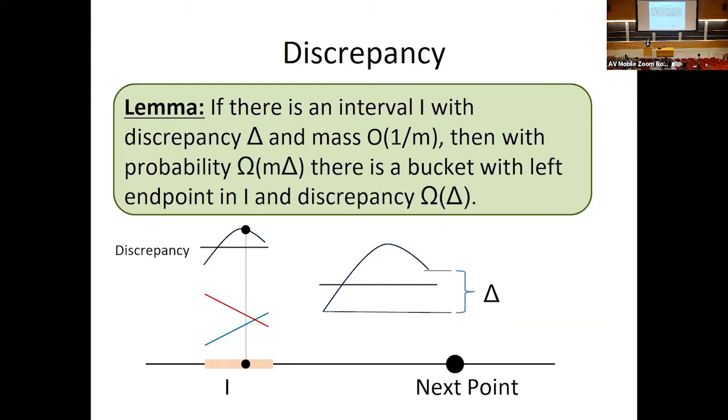And in particular, since this thing is continuous with respect to the probability densities, there's got to be a reasonable amount of mass in here where the discrepancy is at least, say, delta over 4. And so that means that there's a reasonable probability, in fact, omega of M delta, that we capture a discrepancy of at least delta over 4.